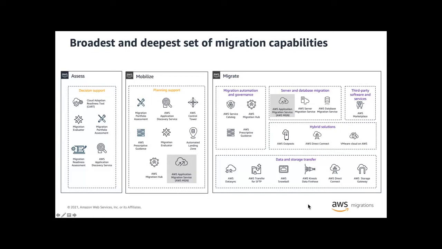Of these three phases, you can notice that the Application Migration Service is a key component, as it feeds into two of the three key areas: the mobilize phase and the migrate phase.